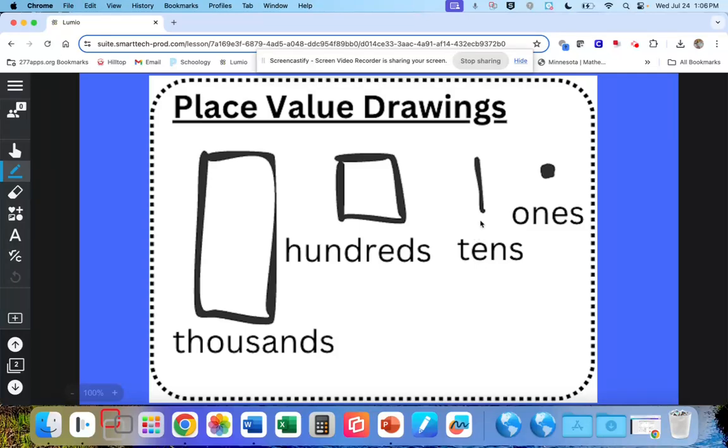If we take 10 sticks and place them all next to each other, we would get a hundreds box. And if we take 10 hundreds boxes and we stack them on top of each other, we would get a thousands bar. So the thousands is the rectangle, the hundreds is the square, tens is a stick, and ones is a dot.